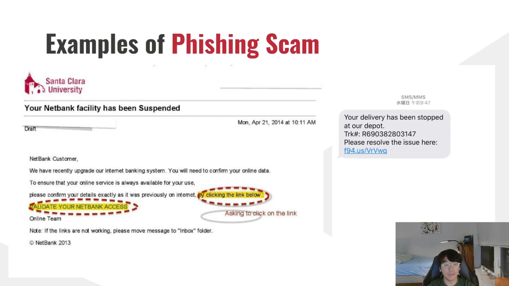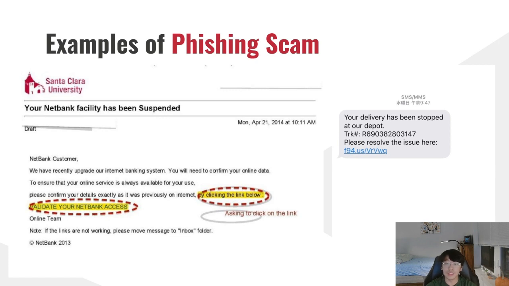Click the link below to validate your NetBank access. That's the link, from an online team. So it's asking us to click the link, which is pretty suspicious, and makes us think it is a possible phishing scam.